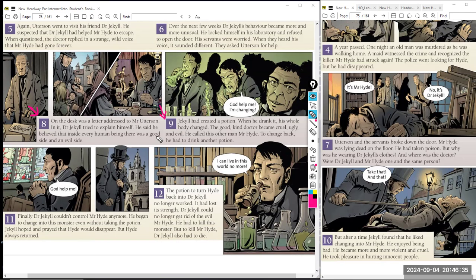He called this other man Mr. Hyde. To change back, he had to drink another potion. Ten. But after a time, Jekyll found that he liked changing into Mr. Hyde. He enjoyed being bad. He became more and more violent and cruel. "Take that! And that!" He took pleasure in hurting innocent people.